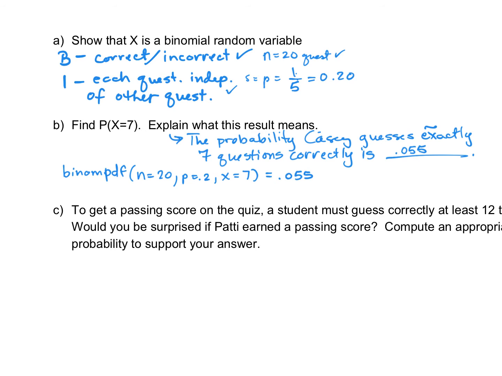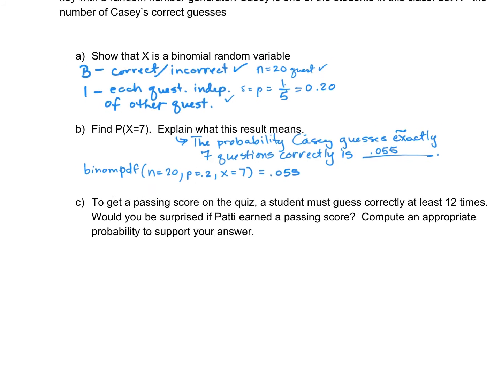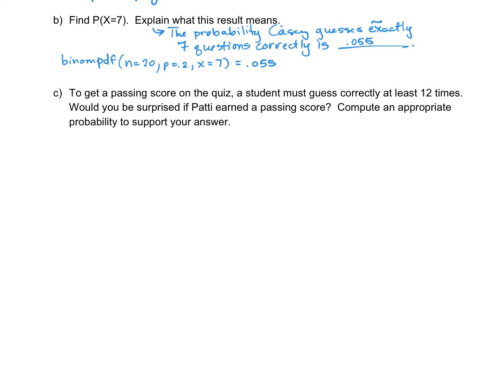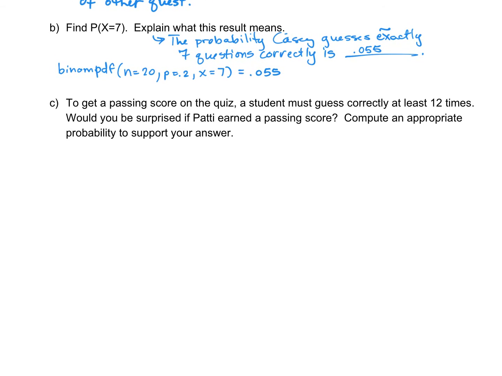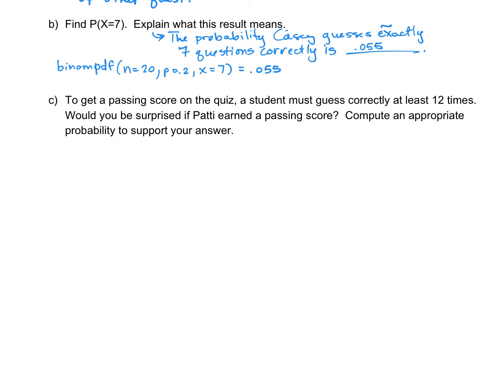How are we doing back there, ladies? Are we okay? I'm not going too fast? Okay. To get a passing score on the quiz, a student must guess correctly at least 12 times. I hate this. Would you be surprised if Patty earned a passing score? At least 12 times. So let's write this as a probability statement.